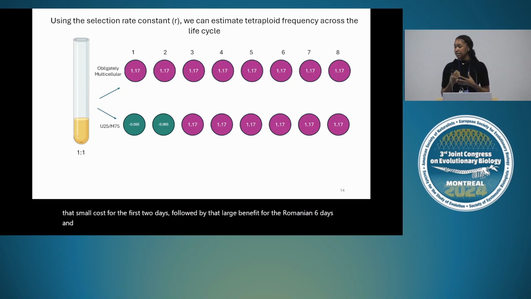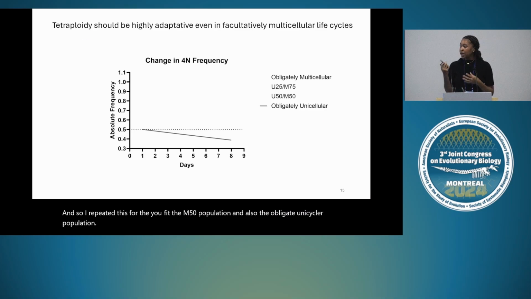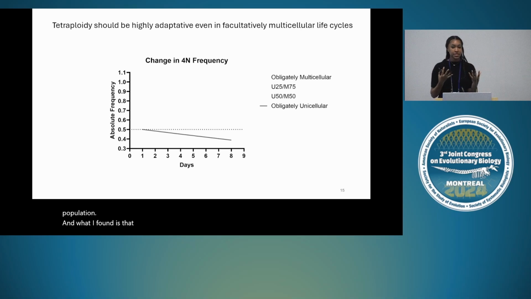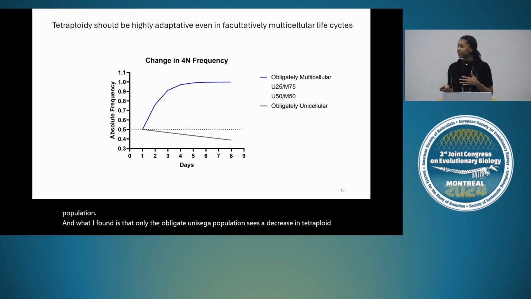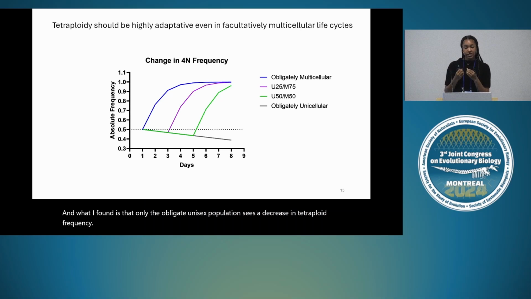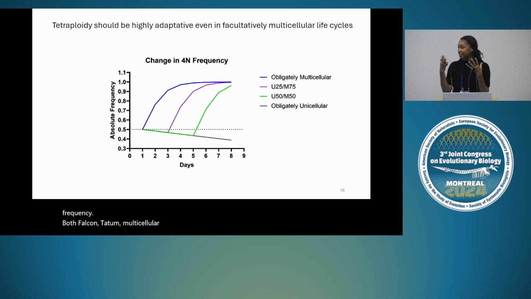And so I repeated this for the U50-M50 population and also the obligate unicellular population. And what I found is that only the obligate unicellular population sees a decrease in tetraploid frequency. Both facultative multicellular life cycles see a huge increase in tetraploid frequency.